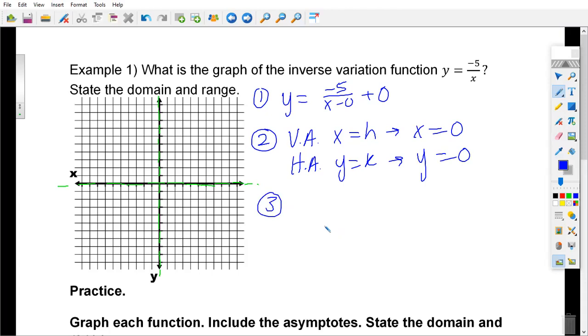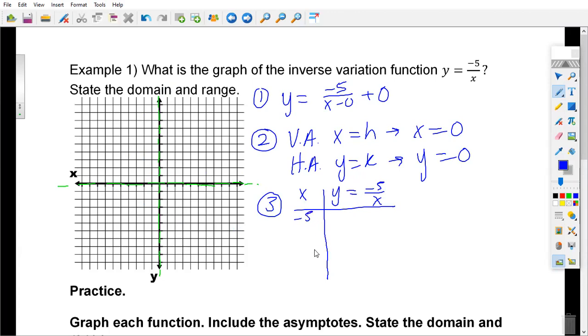All right. Step 3 is to create your tables of values to help you plot. So I'm going to choose x values that plug in nicely into y equals -5 divided by x. You don't need large numbers. That's why our graph doesn't go very high. Something that plugs in pretty nice here is -5.